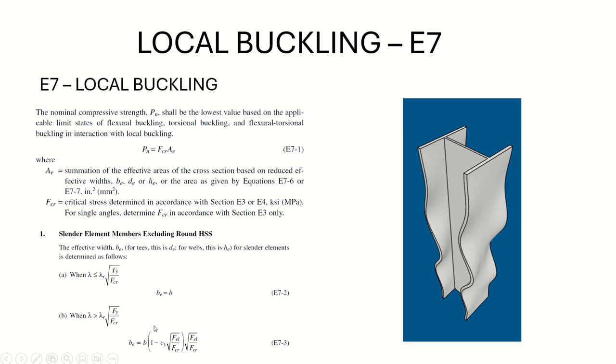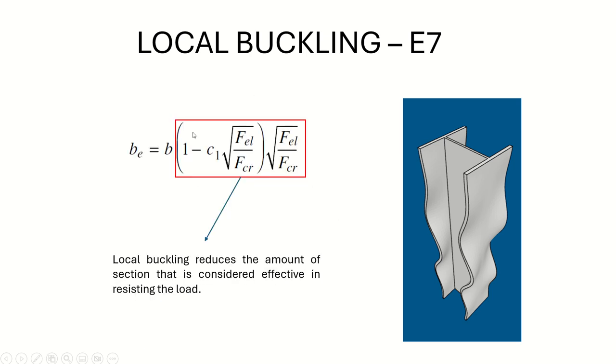And these equations represent just a reduction factor for the original width of the element, for example the width of the flange, multiplied by a reduction factor in order to consider in a more conservative way this kind of slender element for the local buckling. Okay, so it's not a complex equation. That's the main reason for its form.